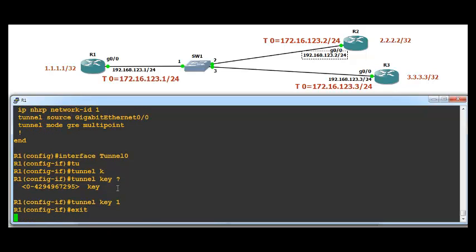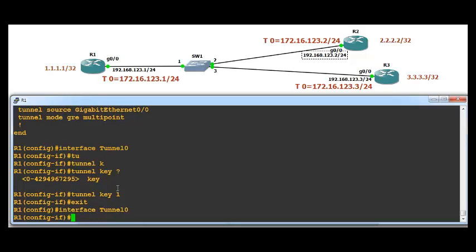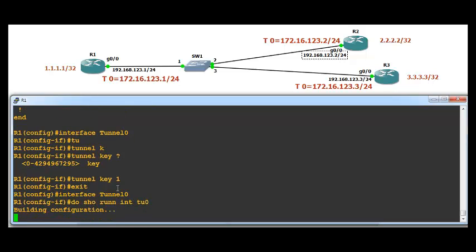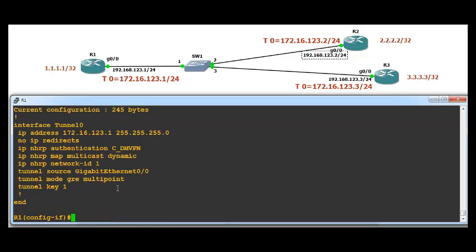Alright, so let us go over one more time what all we did. Do show run. So we have done on the hub router, we gave an IP to identify the tunnel.